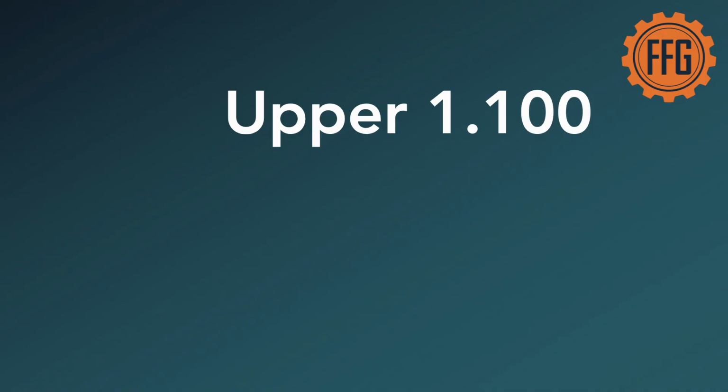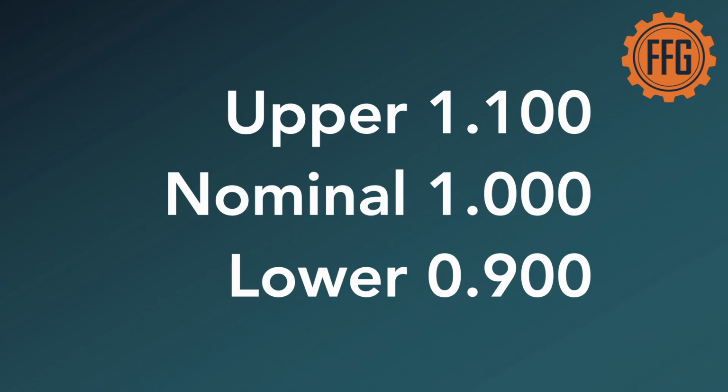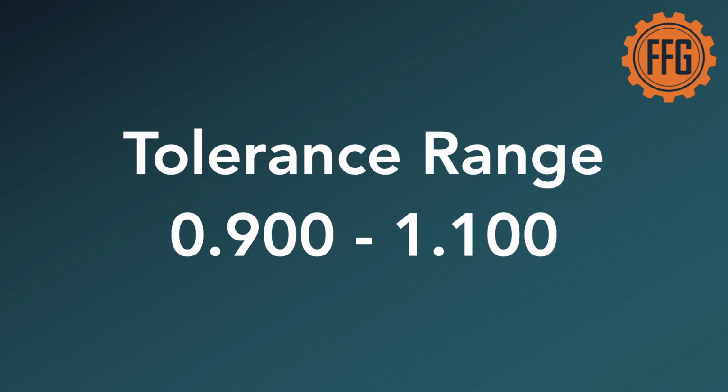The upper limit is the size that's too large to fit in if it goes above it, and the lower limit is the size that's too small if it goes below that. The size that's in between is called the nominal size, and that's your target size. That's what you're shooting for. And the difference between the upper and lower limits is your tolerance range. So if your part falls in between the upper and the lower limits, then your part is good.